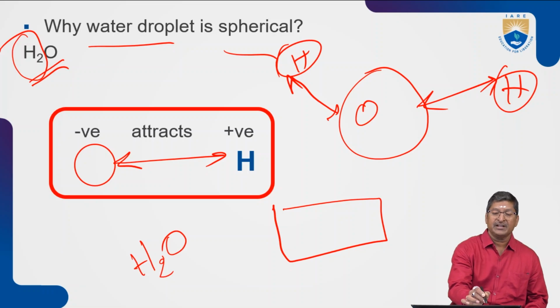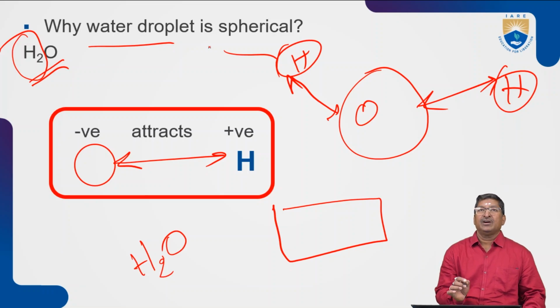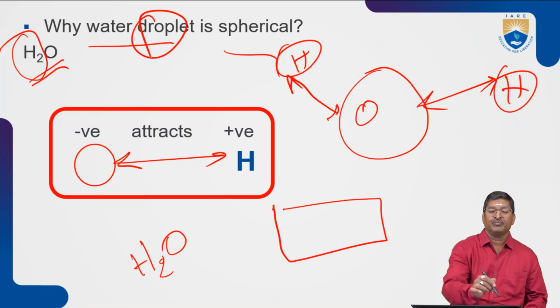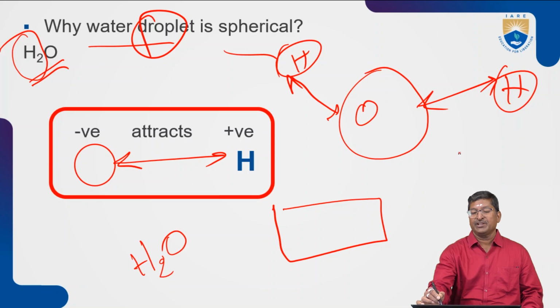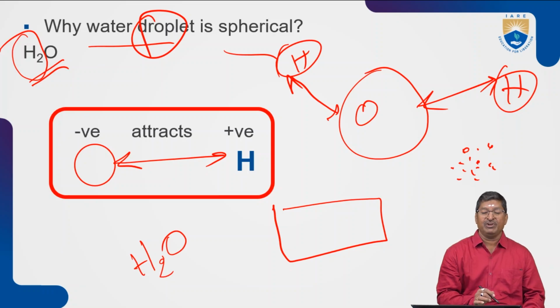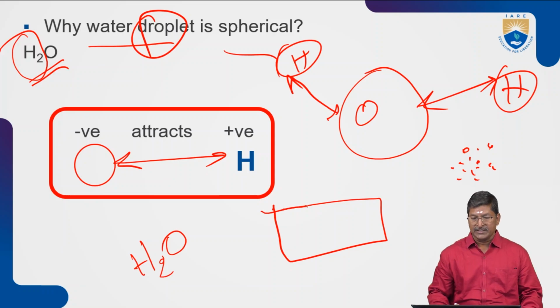And here the question is, why this water droplet? A droplet is different. A droplet is nothing but the combination of so many molecules. These molecules will form a spherical shape. Why not rectangular or any other shape? We will see that.